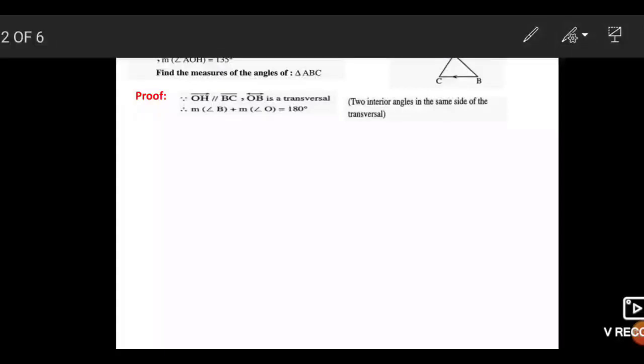Their sum is 180. You have measure angle O equals 135, so you subtract measure angle O from 180 to find B. Measure angle B will be 45.